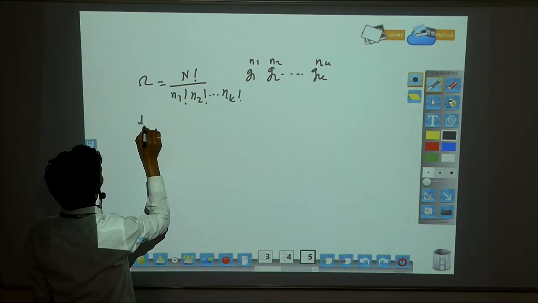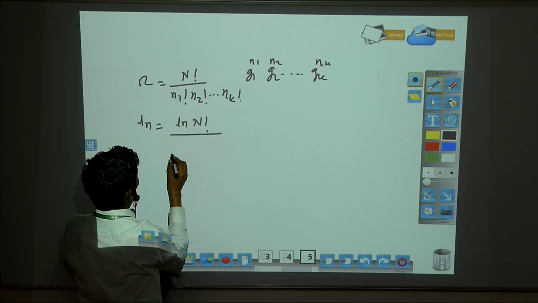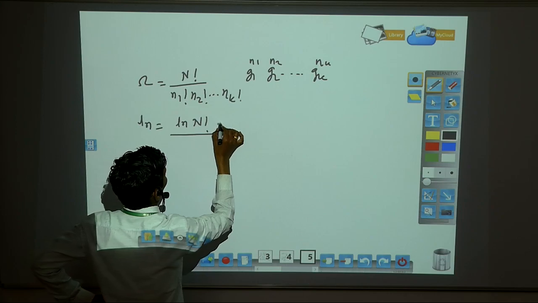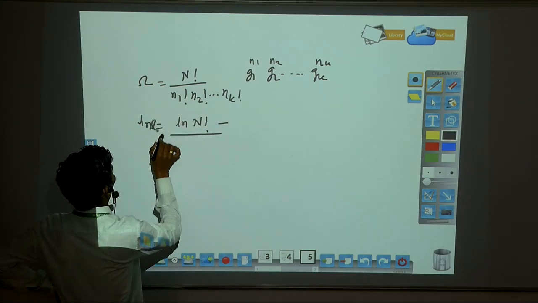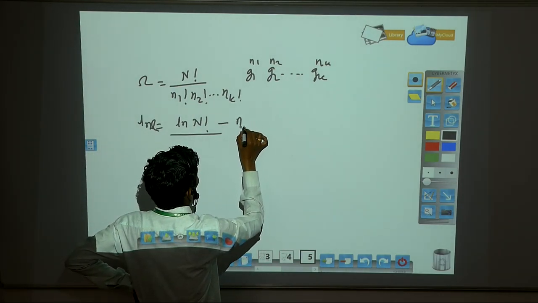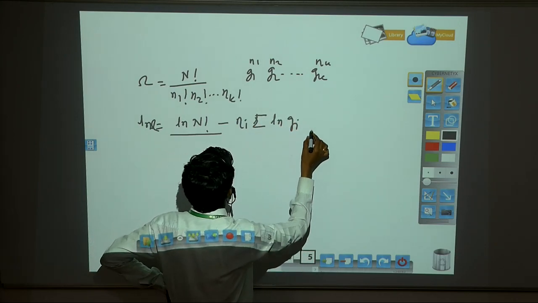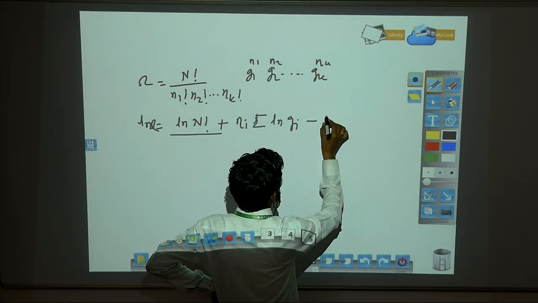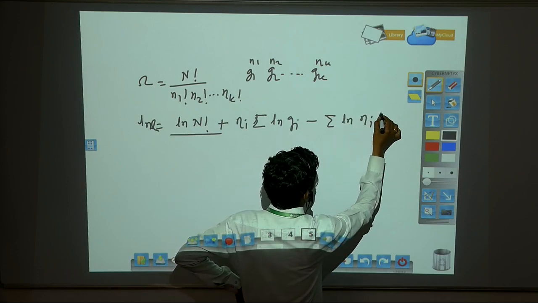Simplifying, when we apply the logarithm on both sides, ln of omega is equal to ln of n factorial, plus summation of ni ln of gi, minus summation of ln of ni factorial.